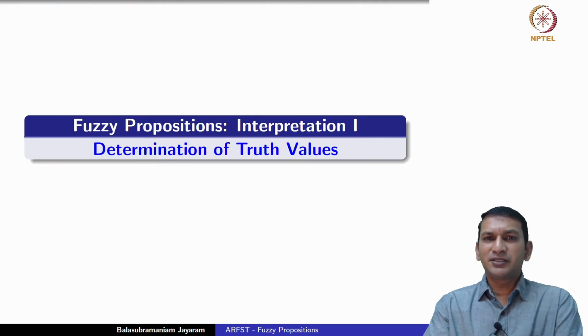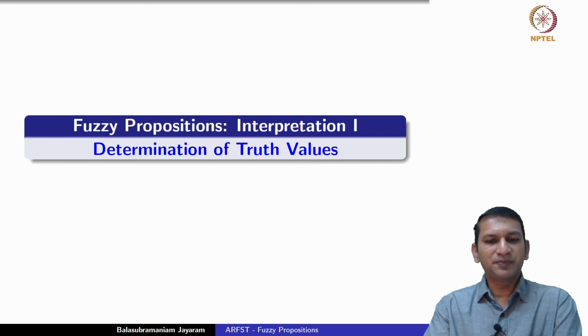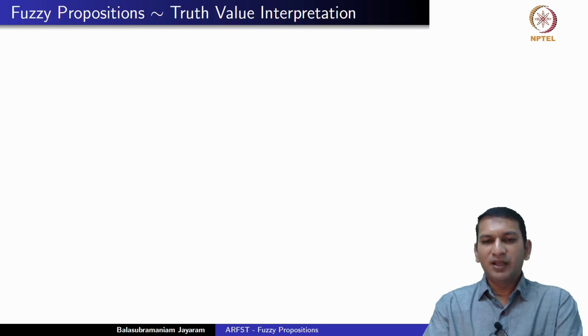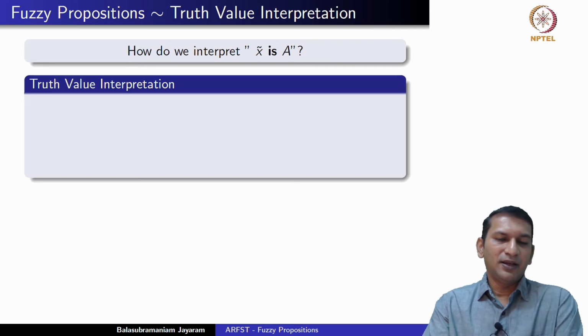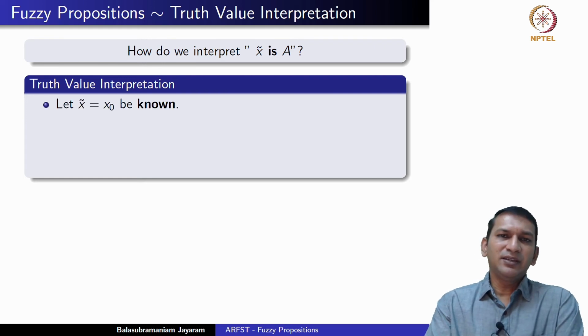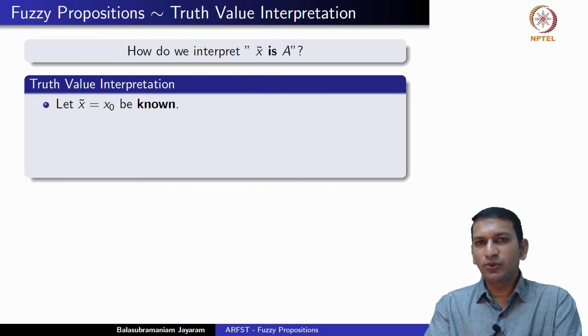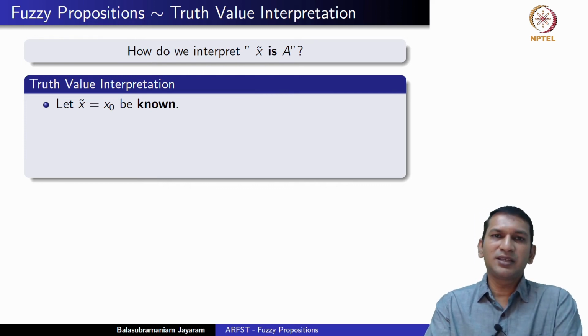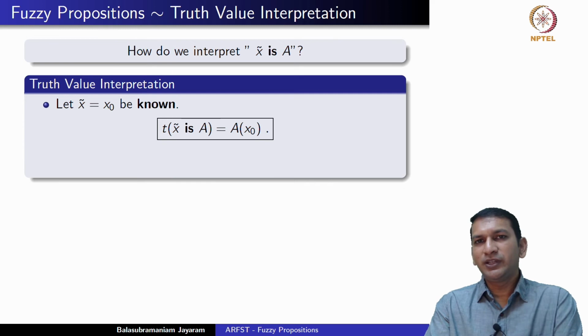The first interpretation is that of determining the truth value of the statement. And how do we do this? We are given x tilde is A. One way to interpret it is as the truth value of this statement itself. Let us be given an x naught, and let's know that x tilde is equal to x naught is actually known. Then we say T of x tilde is A is actually equal to A of x naught.